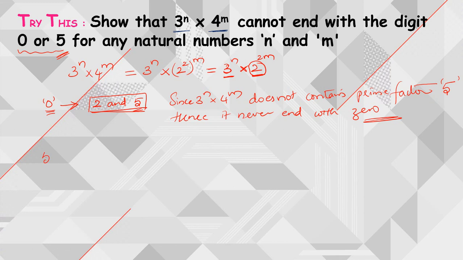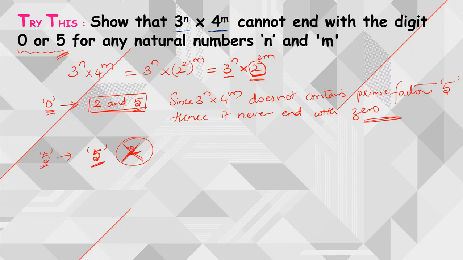For a number to end with 5, in the prime factorization you should have the prime factor 5, and you should not have 2 in the prime factorization. Clearly, here we have prime factor 2, but we don't have prime factor 5.